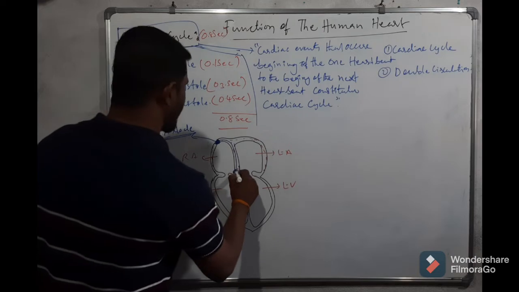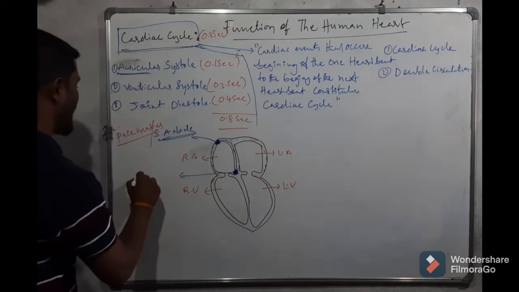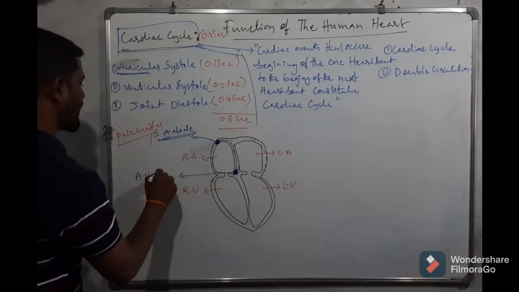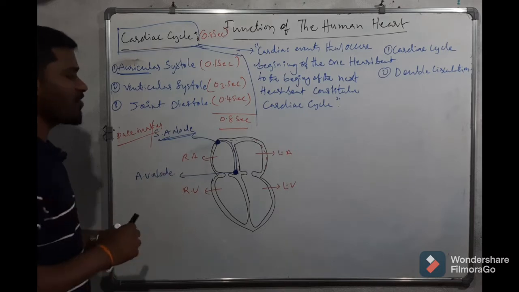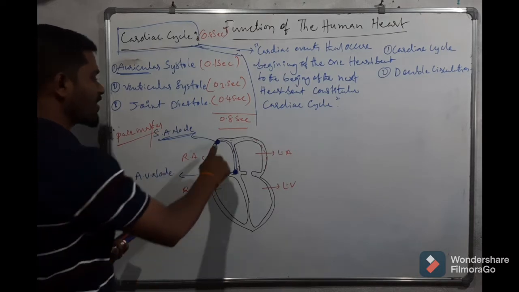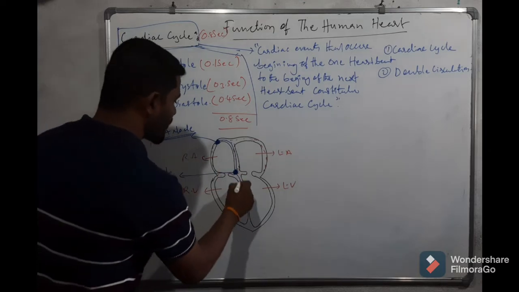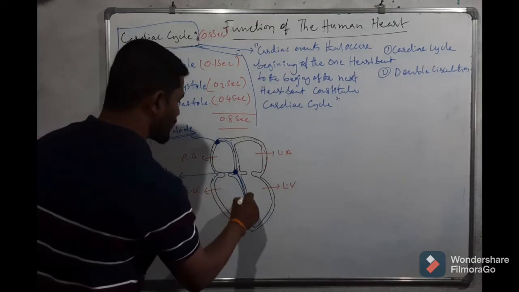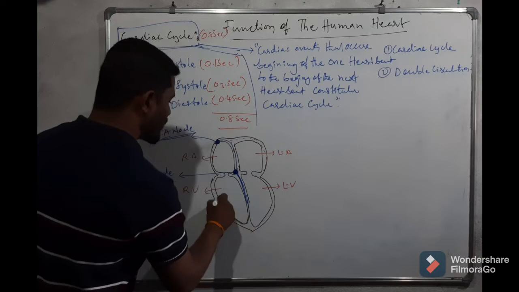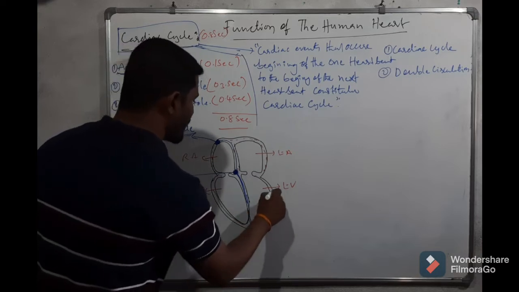This is the auriculoventricular node. It receives the action potential from the SA node, and passes it through the bundle of His into the walls of the ventricles.